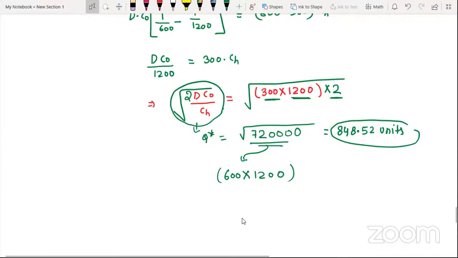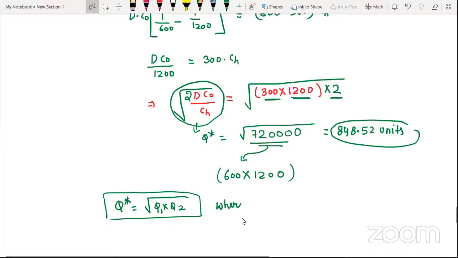So what you have to do is Q star equals under root of Q1 into Q2, only when it is given that TIC at Q1 is equal to TIC at Q2.